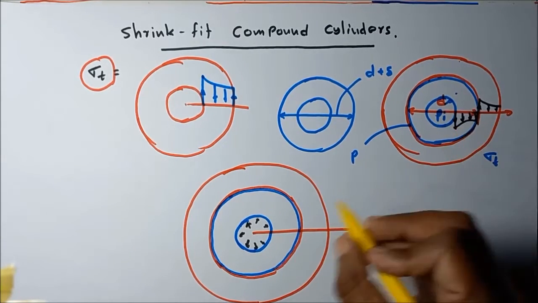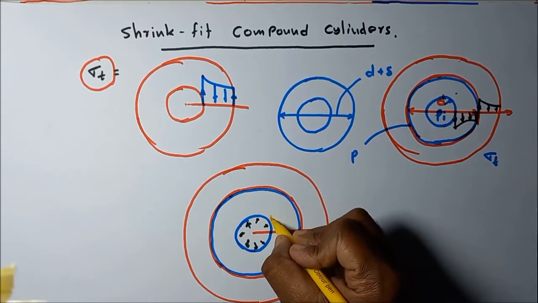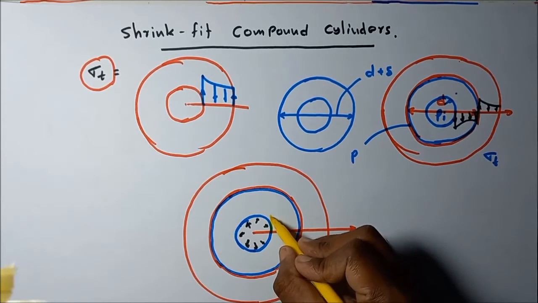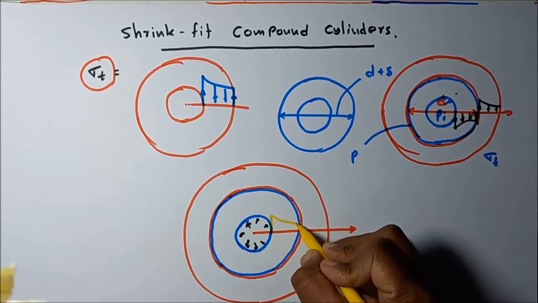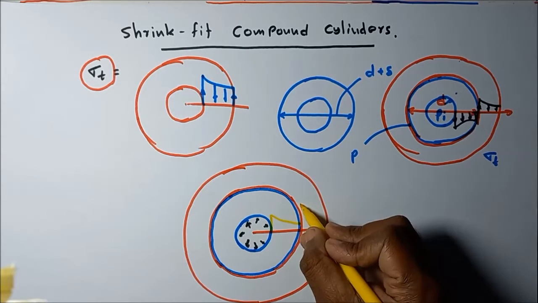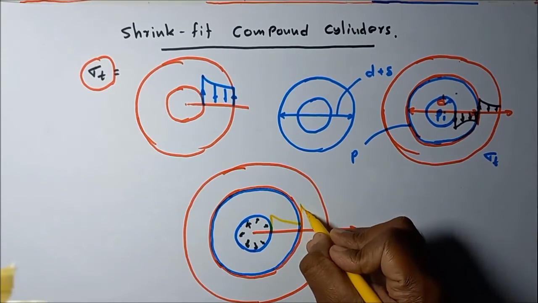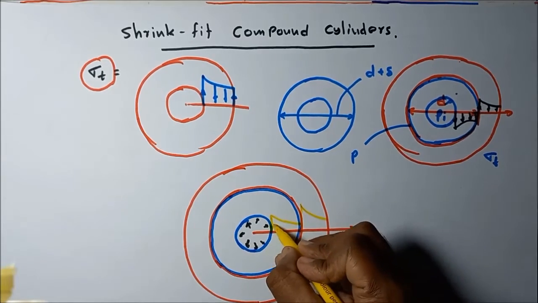It starts from the negative, so it increases, but its value is small compared to the single cylinder situation, because it starts from the negative. It increases only slightly, something like this.